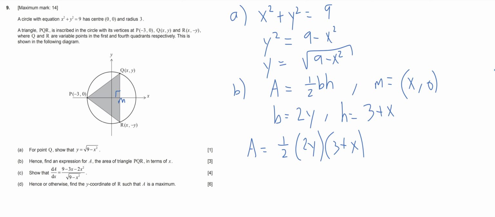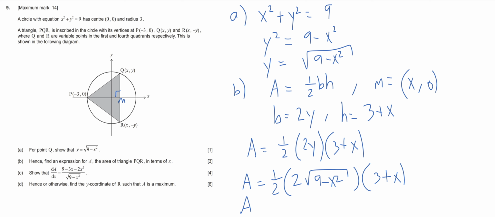So A equals a half multiplied by 2 root 9 minus x squared multiplied by 3 plus x. Simplifying that a little bit, half times 2 is 1, so you're just left with root 9 minus x squared times 3 plus x.